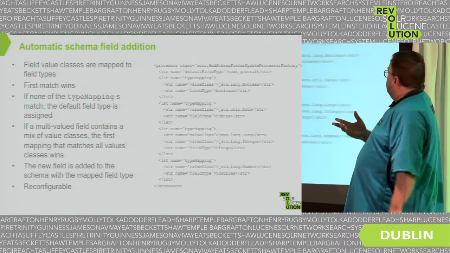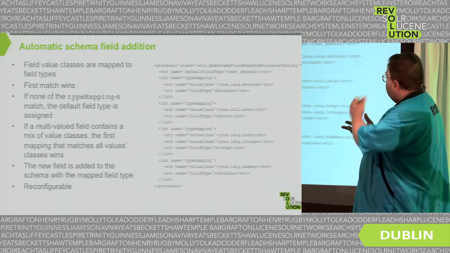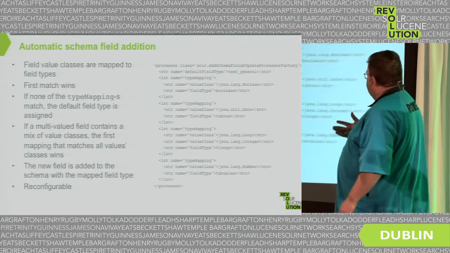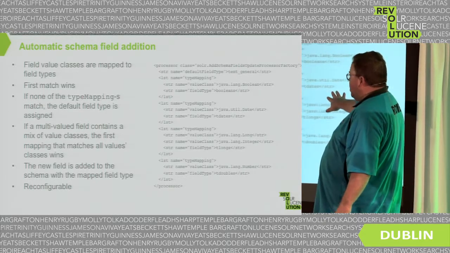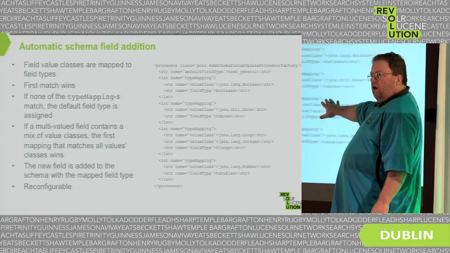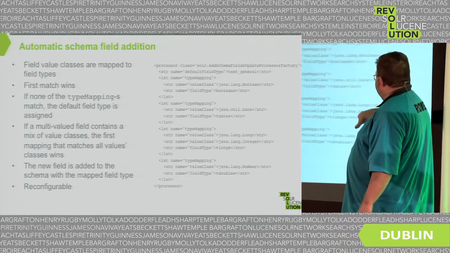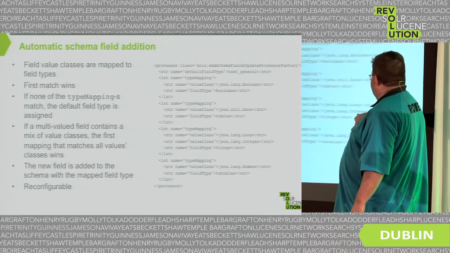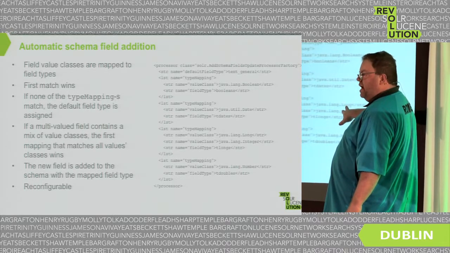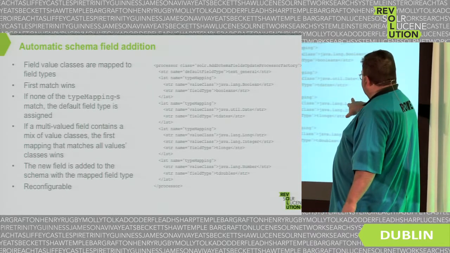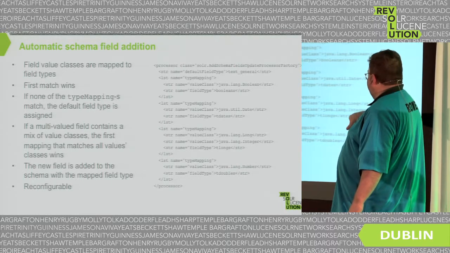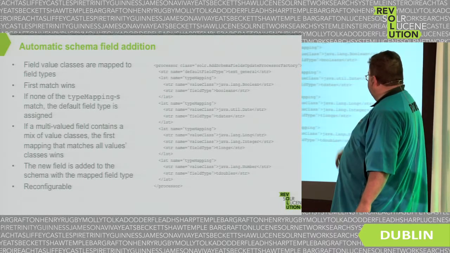So you potentially could arrive at this point with a field that has values with different types. It's possible to configure that so that multiple value classes map to the same field type.